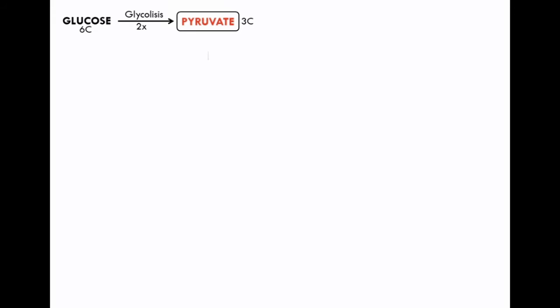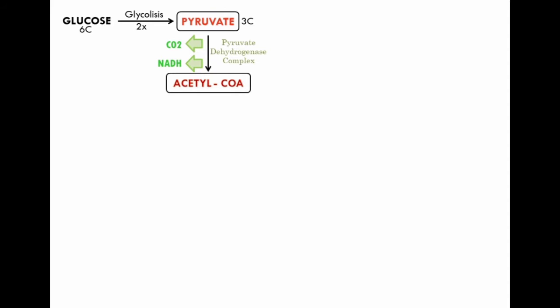The next step includes the oxidation of pyruvate into acetyl-CoA by the enzyme pyruvate dehydrogenase complex. And in this reaction, a molecule of carbon dioxide and a molecule of NADH is generated. The acetyl-CoA is a 2-carbon compound.